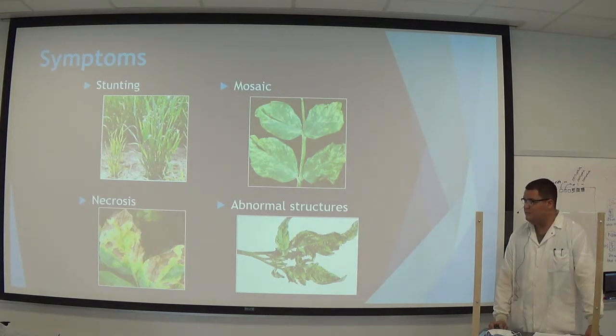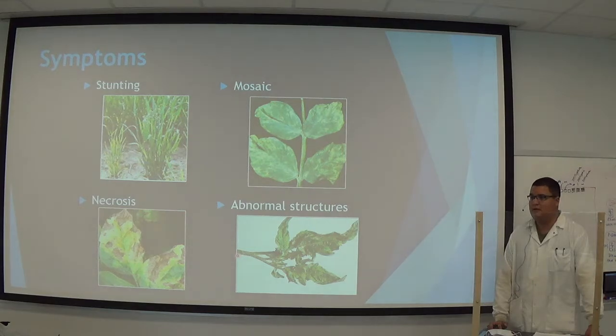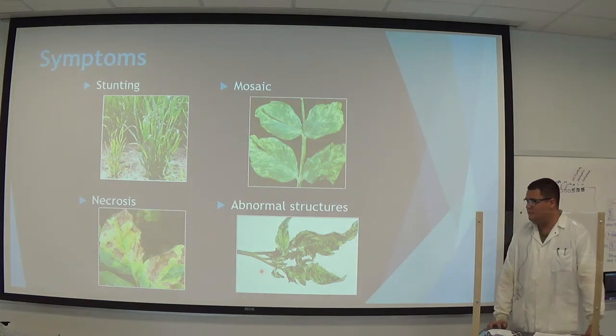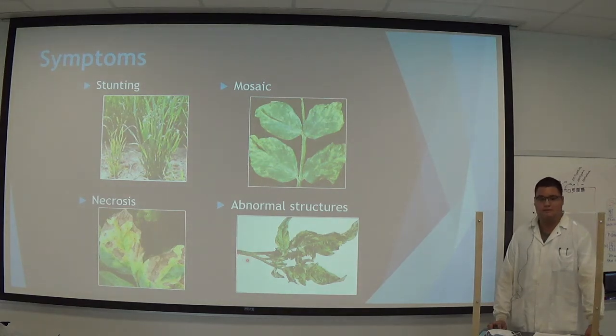So the plant actually ends up killing itself, and you get all these dead cells everywhere. And abnormal structures, and sometimes the virus will cause the plant to start to grow abnormally. We think we know why viruses do that, but there's still some uncertainty in it. But what we do know is that abnormal growth is definitely a symptom of some viral infections.